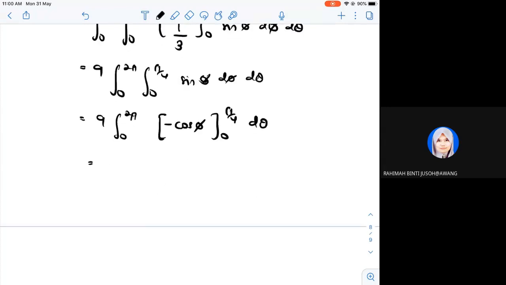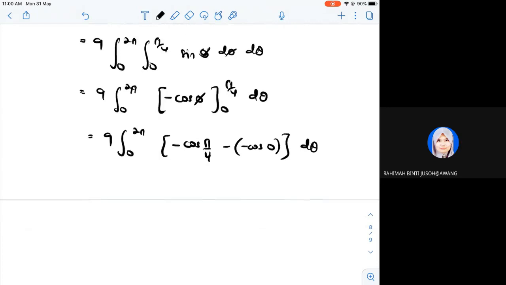Okay, so we can substitute the limit. So we have negative cos pi over 4 minus negative cos 0, d theta. So cos pi over 4 is square root 2 over 2, right? If you want to use a calculator it's fine, guys.